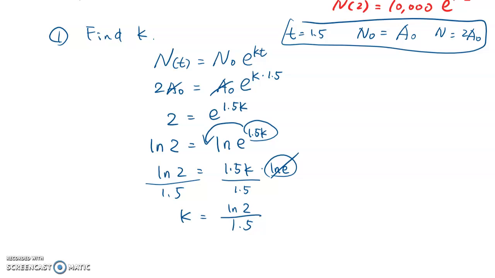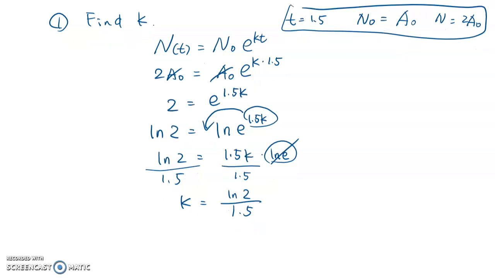We may want to round it to the tenth or hundredth if this is the final answer, but since this is a middle step, I won't round it. I want my final answer to be as accurate as possible. So I will just leave my answer like that: k equals ln of 2 over 1.5.